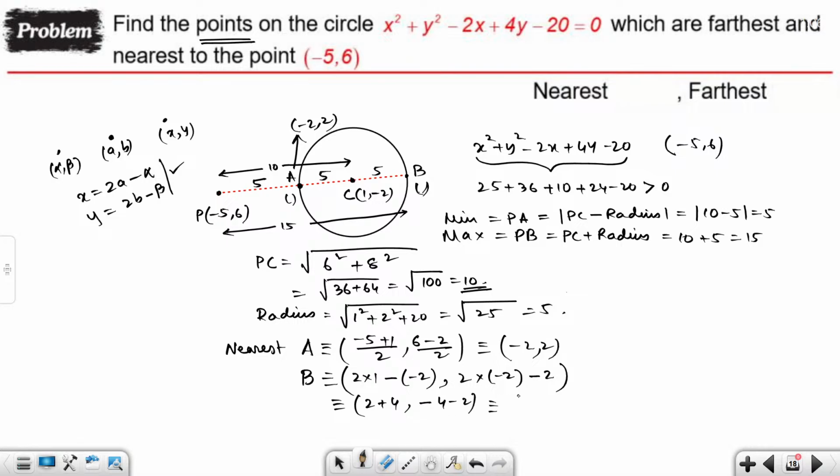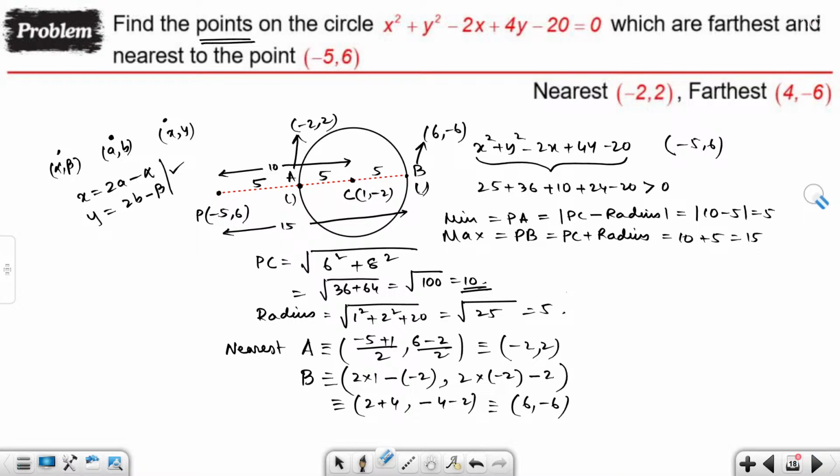So it is coming like 6, comma, minus 6. Is it clear? Therefore, the nearest point is (-2, 2), and the furthest point is 6, comma.